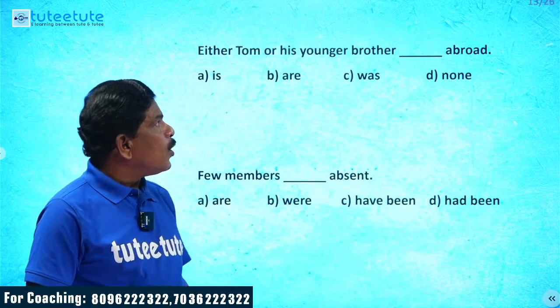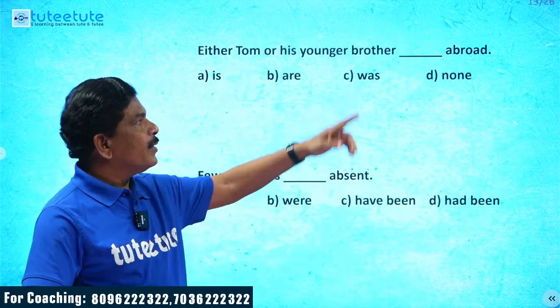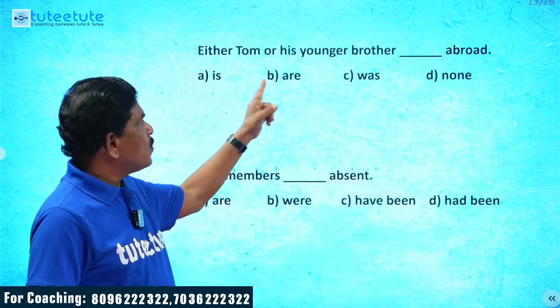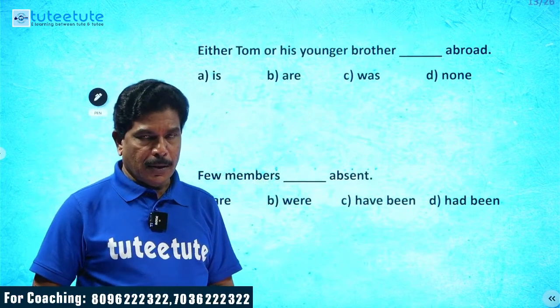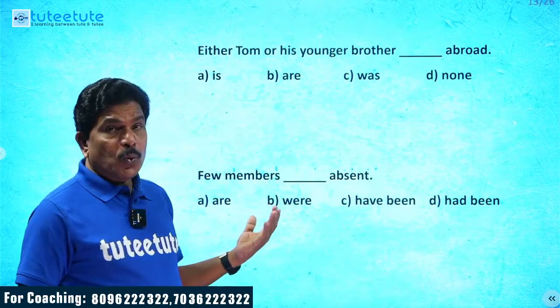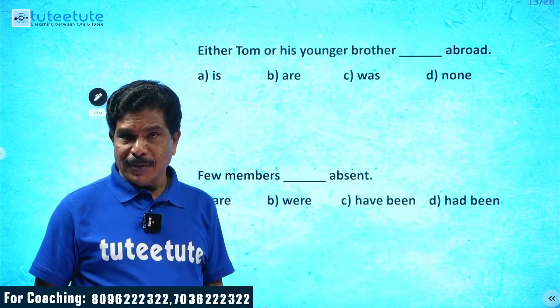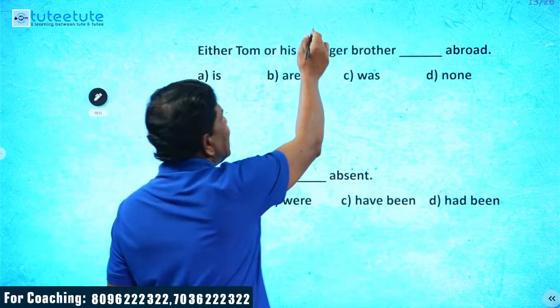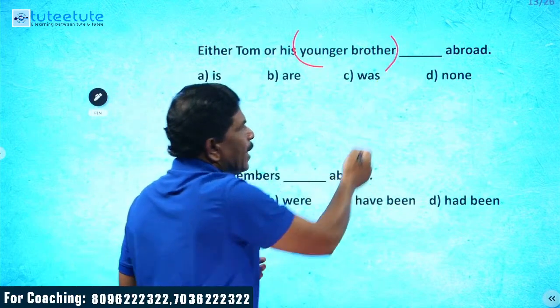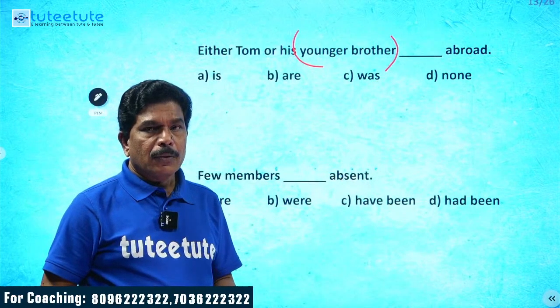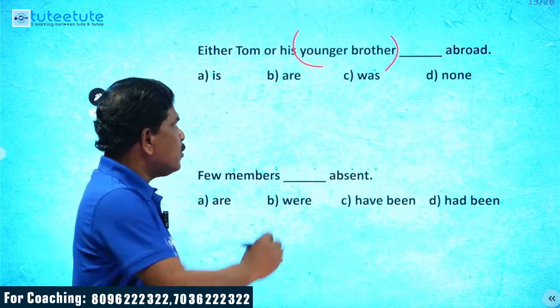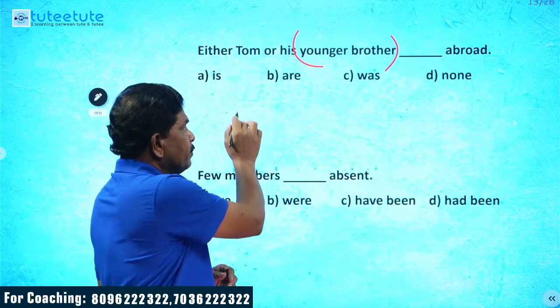Then, either Tom or his younger brother dash abroad, is or was, none. Who is the actual subject? Younger brother or Tom? Actually, younger brother should be considered as the real subject while using either or.